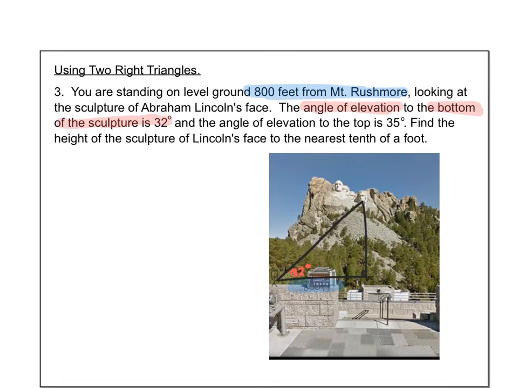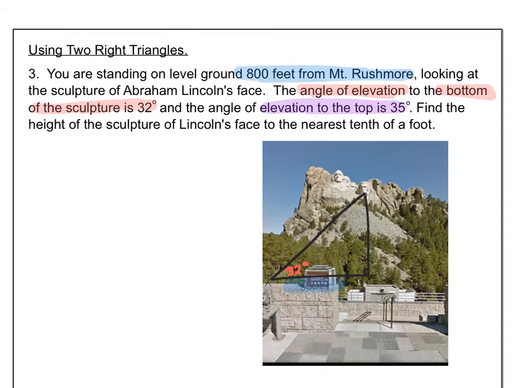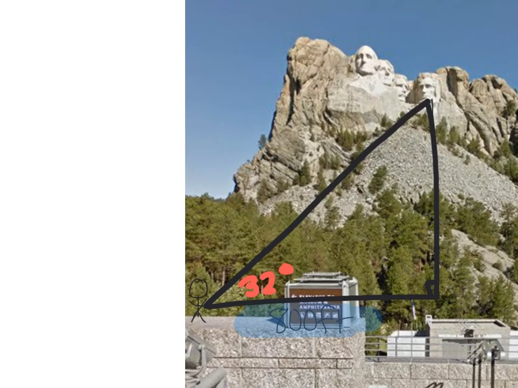And then the angle to the top is 35 degrees. So I have to fill that in. So that's the angle from the same person, but now to the top of the statue. A little bit straighter line there. That angle is 35 degrees.